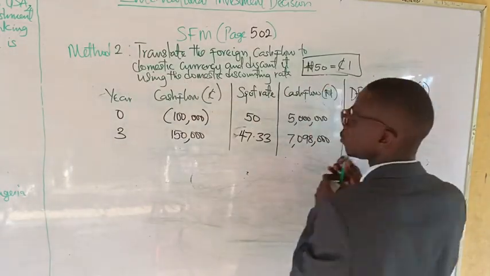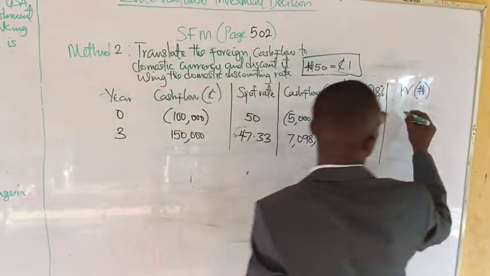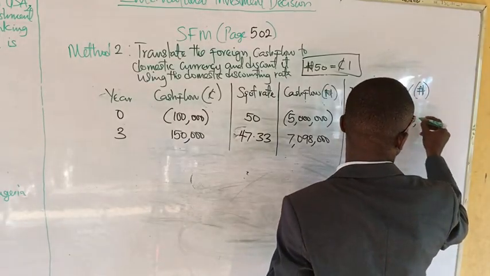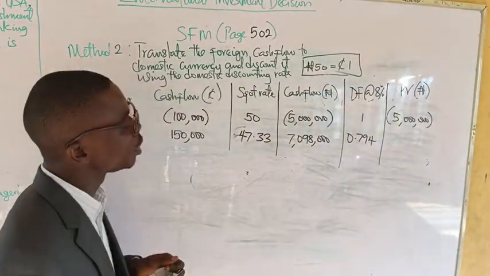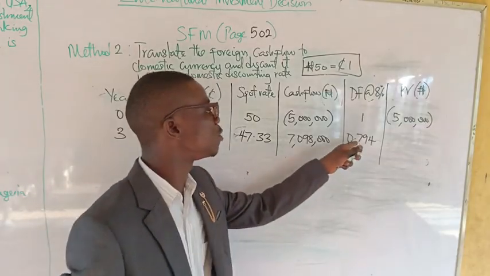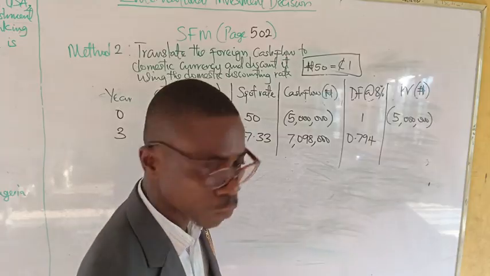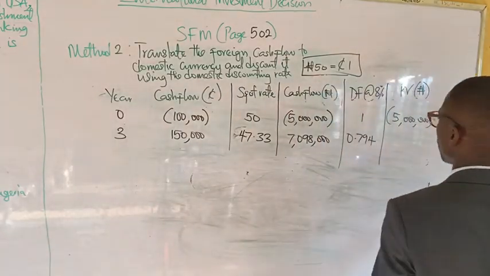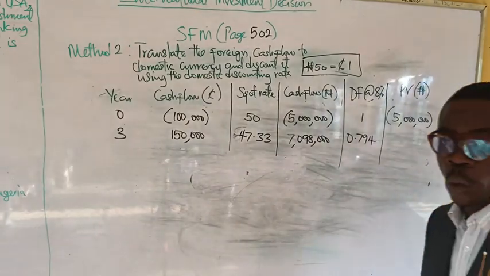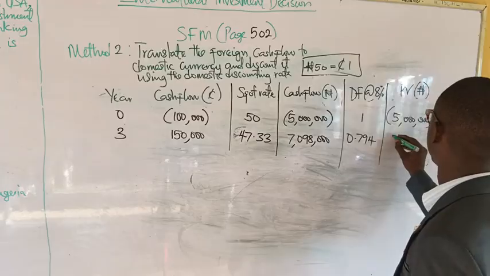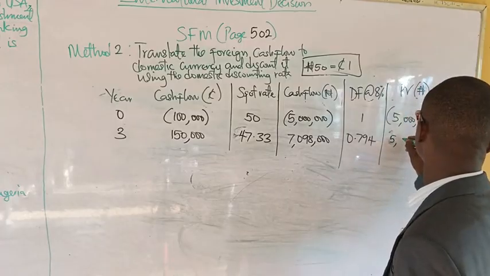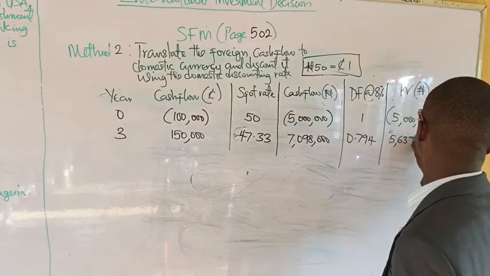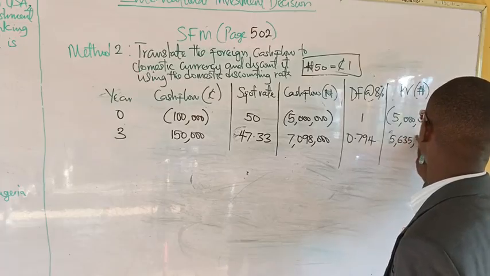So this one will give us, and even bracket it, minus 5 million. 7,098,000 times 0.794 will give us what? 5,635,812.